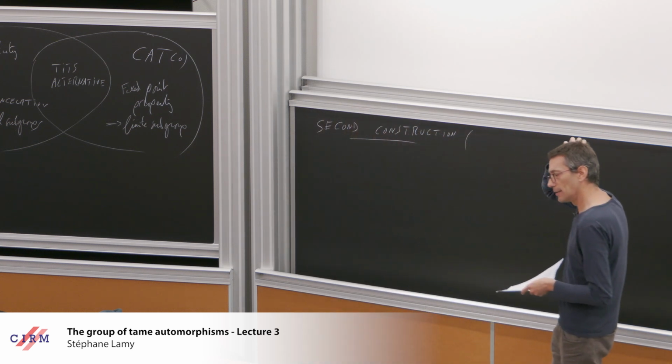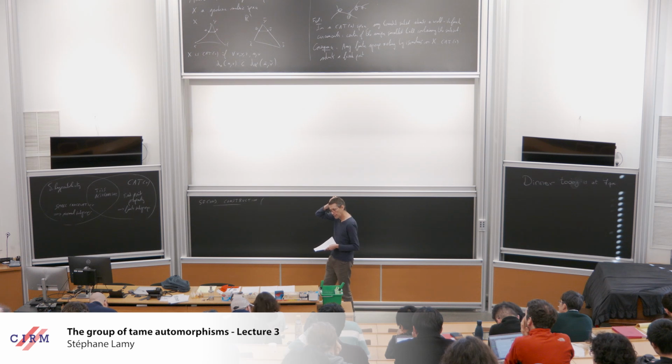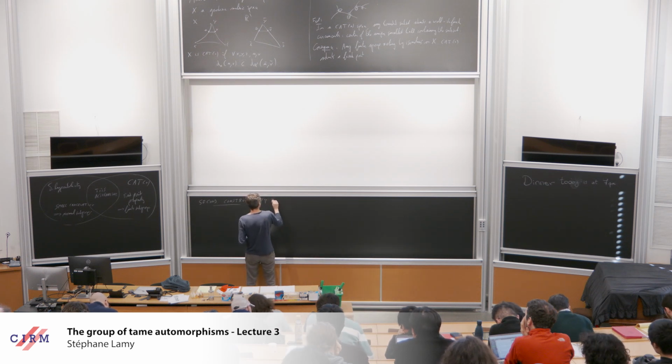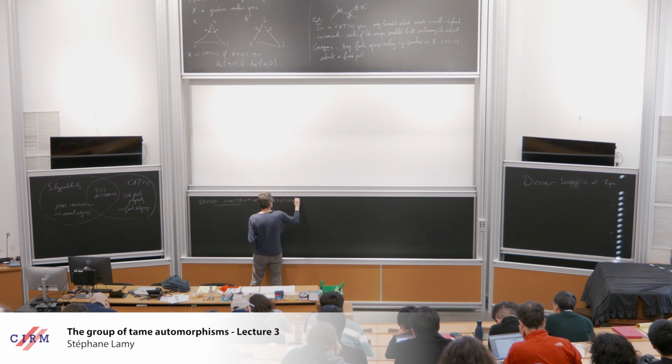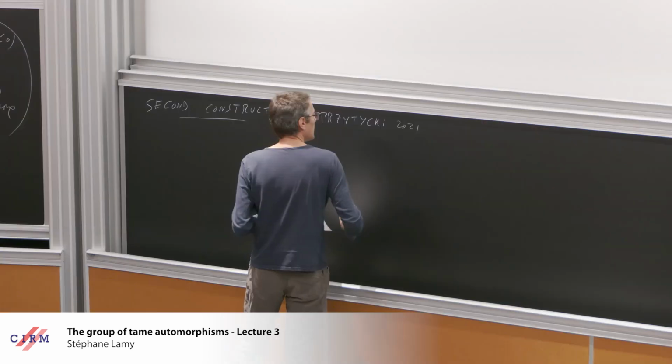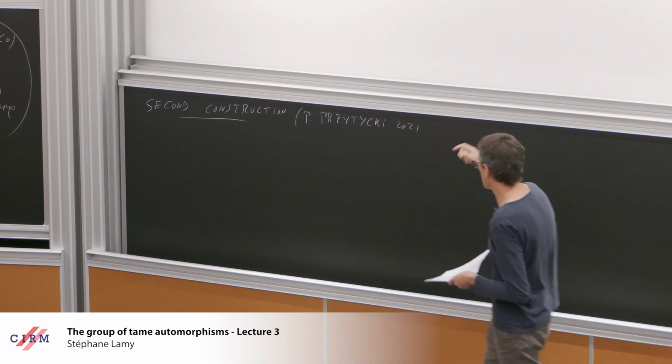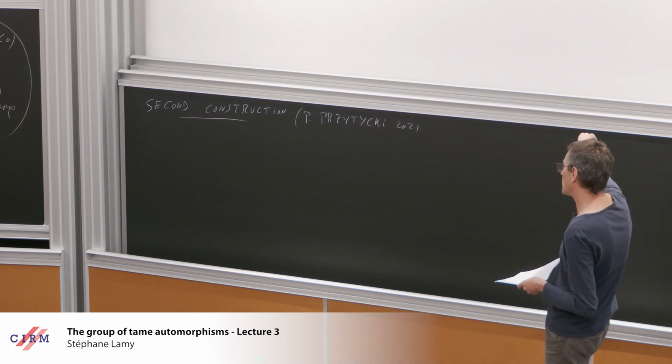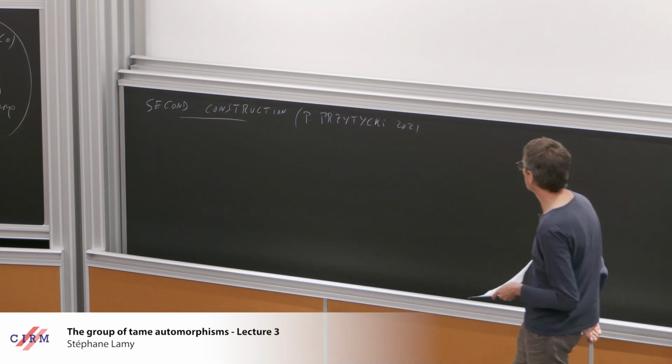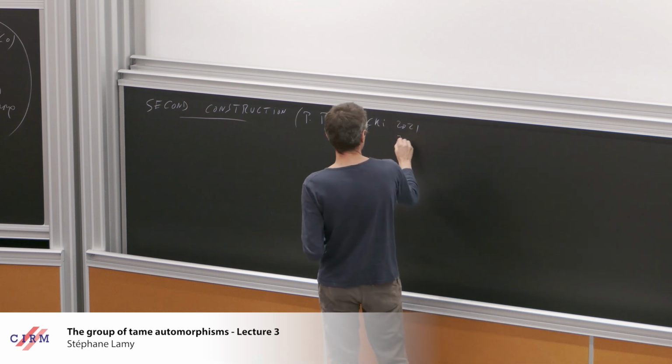So all of that is in a paper with Piotr Zytycki again. The construction is in the first paper published in 21, and then the Tits alternative is in a more recent preprint.